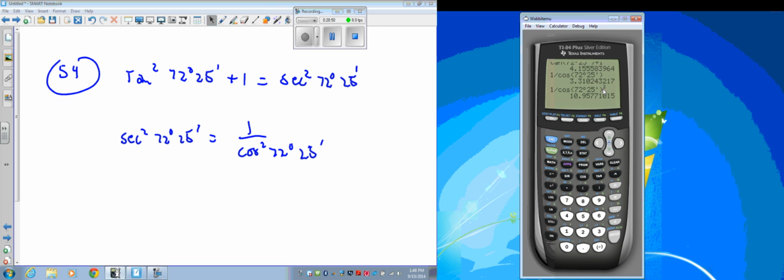So it's not true. I didn't square the first one, because that was supposed to be tangent squared. So I can edit this one too.